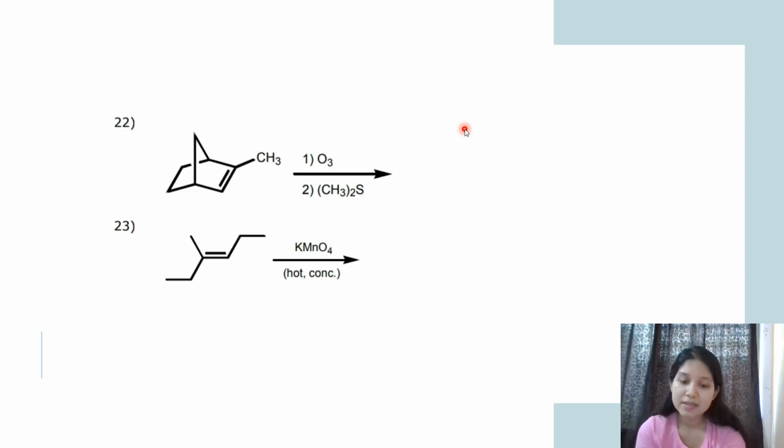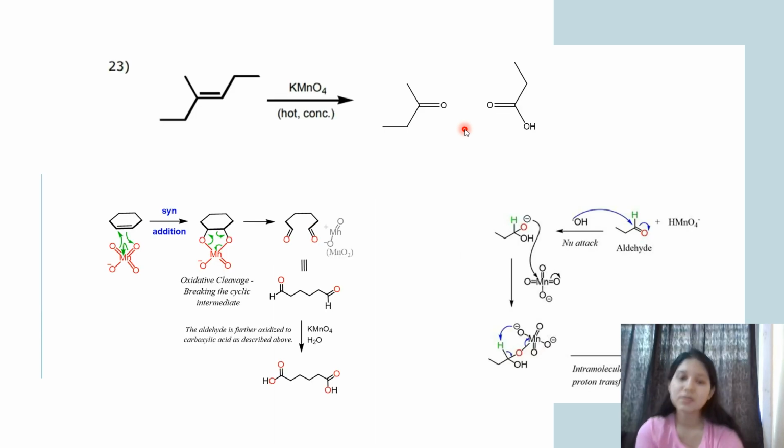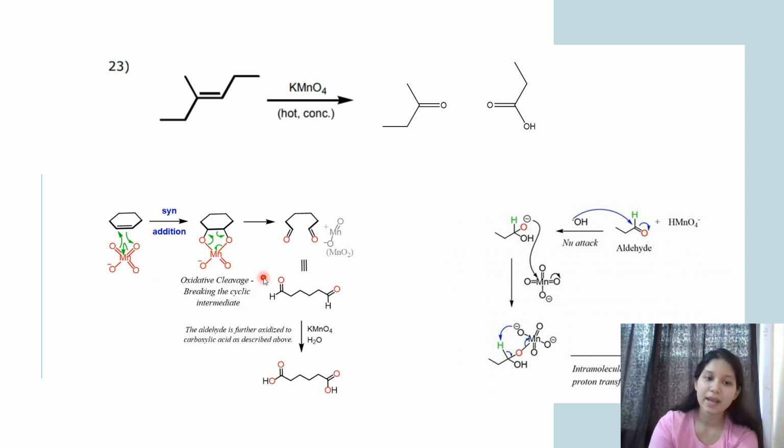Then we lastly talked about treatment of alkene with potassium permanganate hot solution, and we saw that in presence of a hot solution of concentrated potassium permanganate, you first get a permanganate ester similar to the osmate ester, and you observe oxidative cleavage of the double bond to get a dicarbonyl compound.